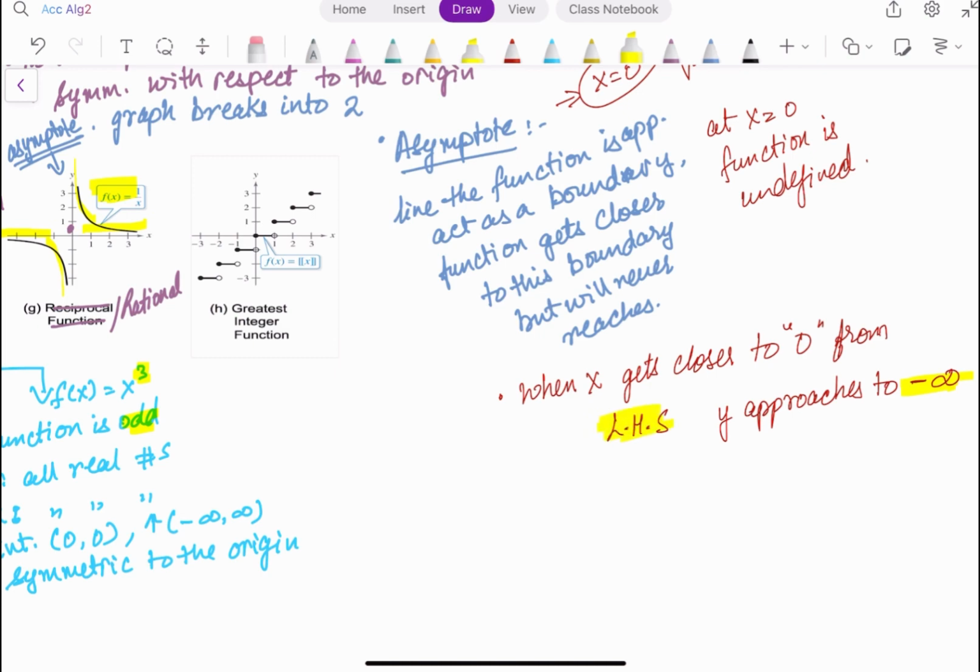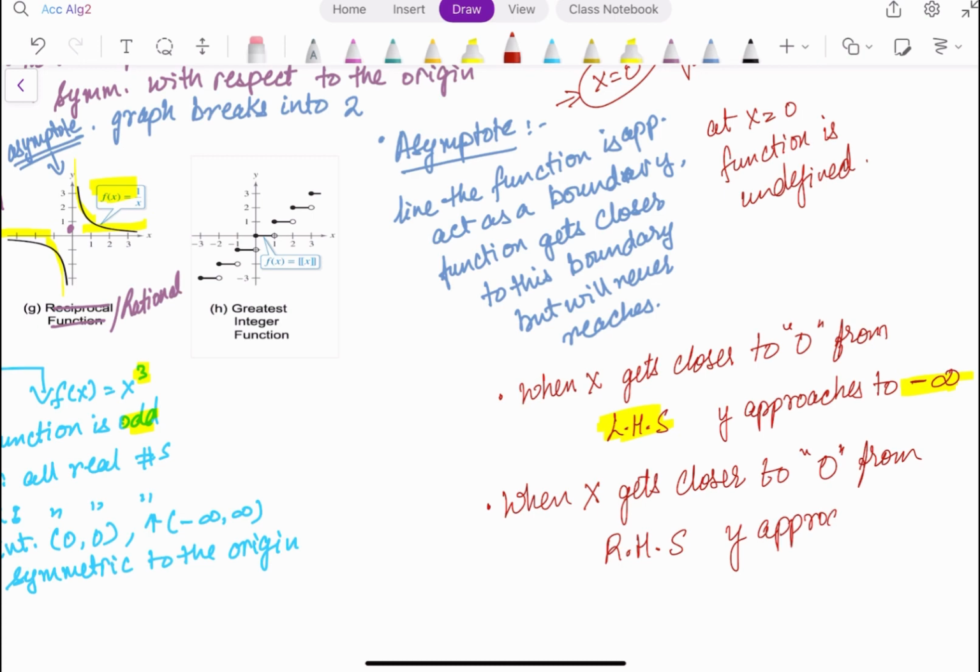Now, what will happen if x gets closer to 0 from the right-hand side? How does y behave? If you look at the first quadrant, y is increasing as x is getting closer to 0.